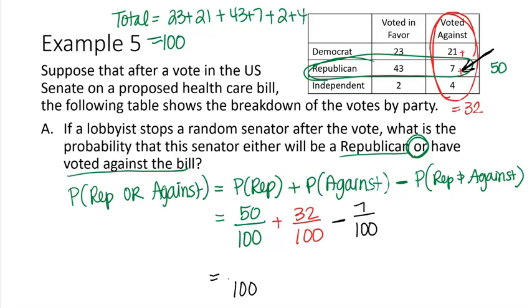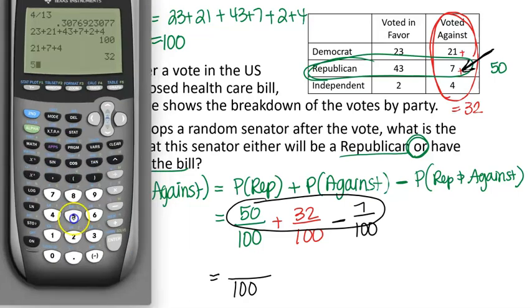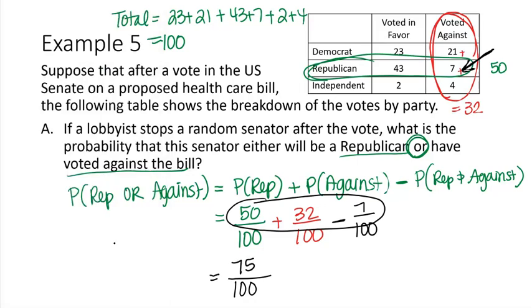Common denominator stays common. Add or subtract across the top. I have 50 plus 32 minus 7, giving me 75 out of 100. That can reduce to 3/4 or 0.75.